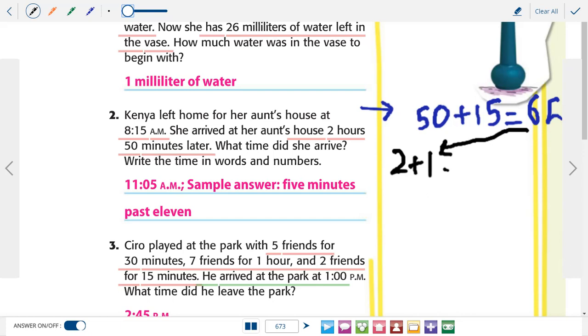And we added this to 8. So 8 plus 3 equals 11. Don't forget that this 6, which is 60, we wrote it down. So it is 11:05. That's why it is 11:05.